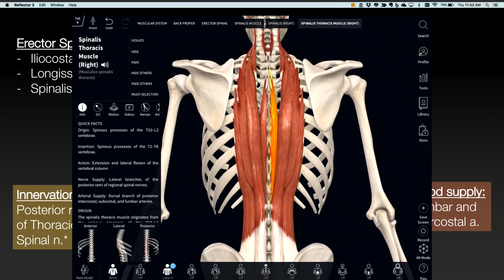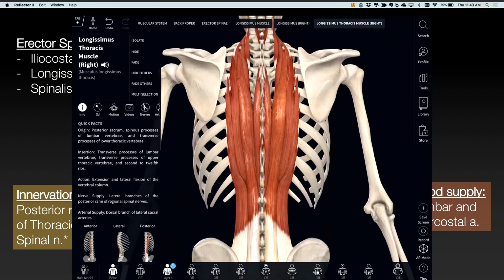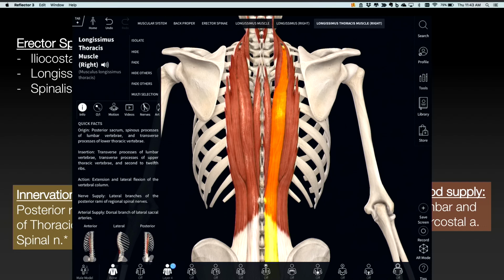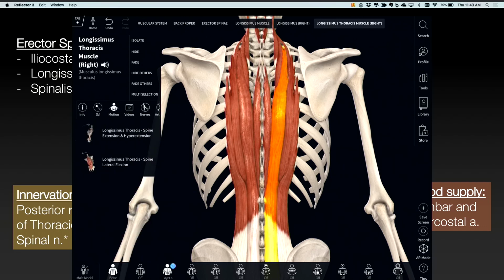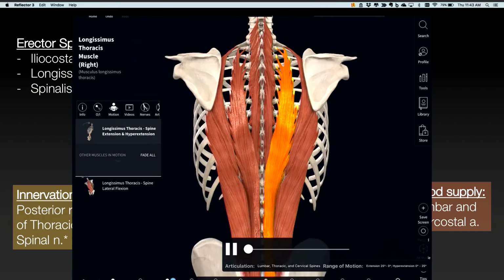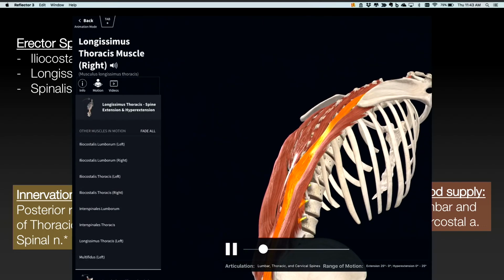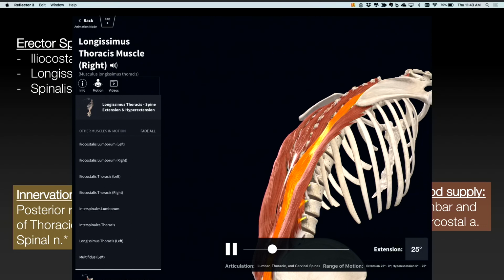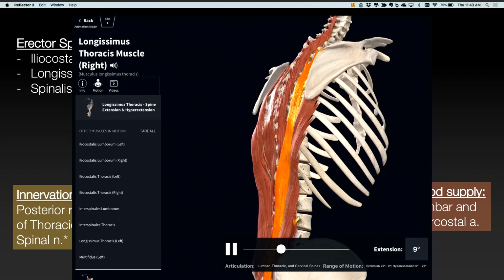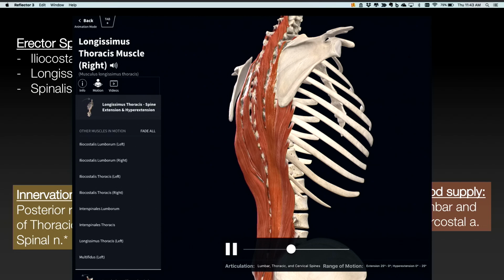Let's maybe consider what longissimus does before we get into too much specific detail. What does longissimus do? Extension of the back. And hyperextension because it does cover or extend past the lumbar spine.